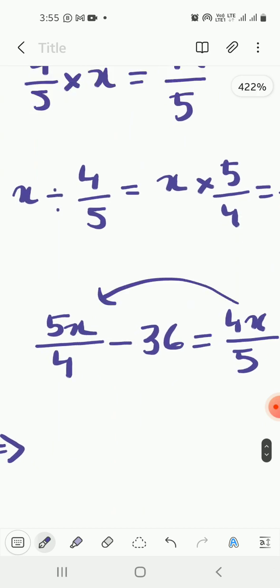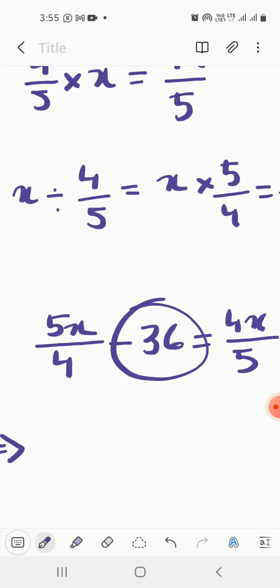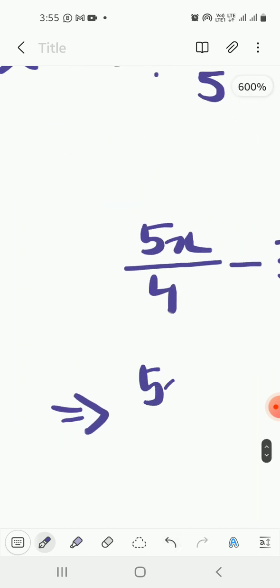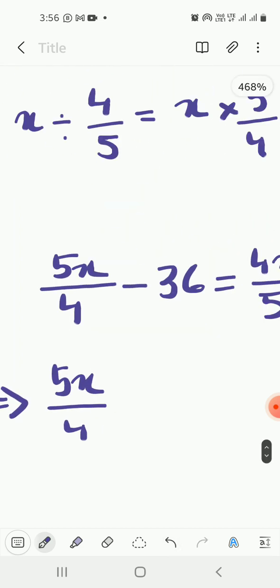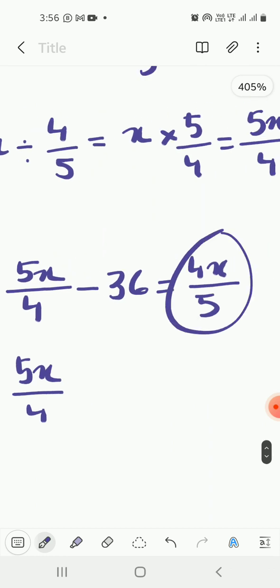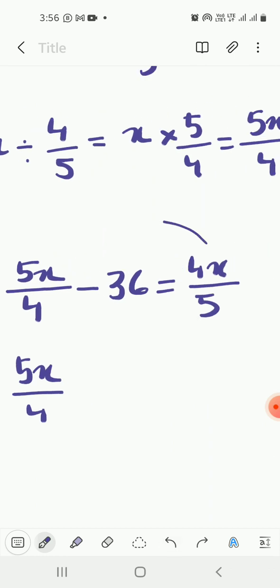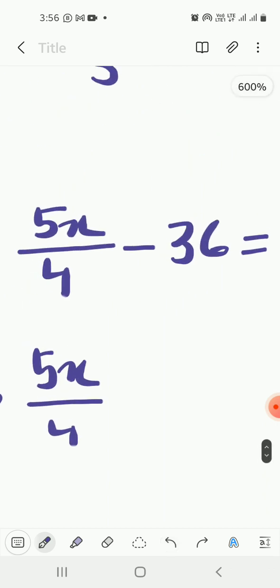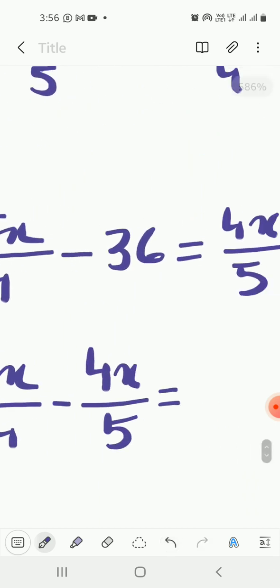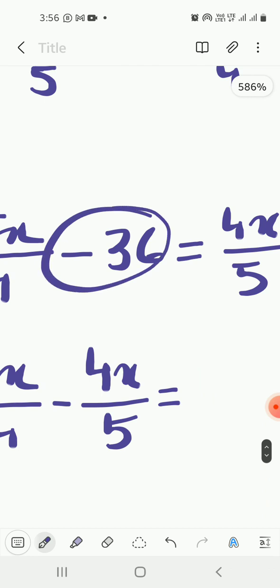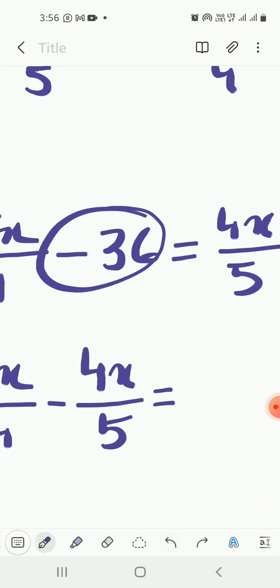Let's bring the x this side and the whole number the other side. So 5x by 4, this is 4x by 5. Once you want to bring it this side of the equal to, it will be deducted. So 4x by 5 is equal to, over here this is minus 36. You have to bring it this side of the equal to, so the sign will change.